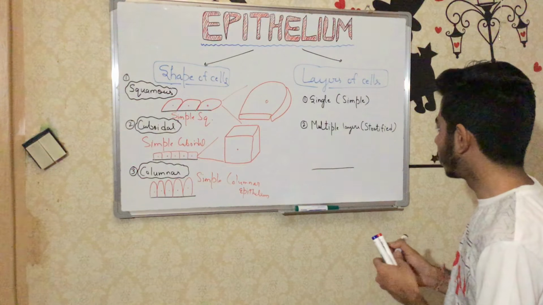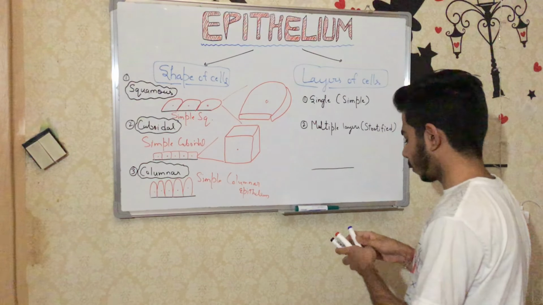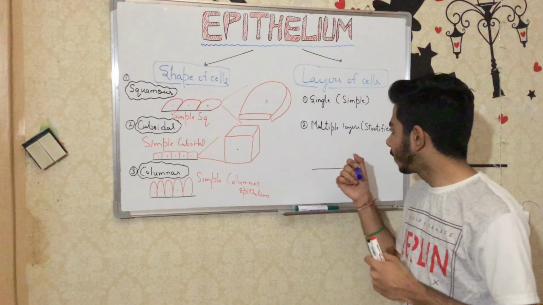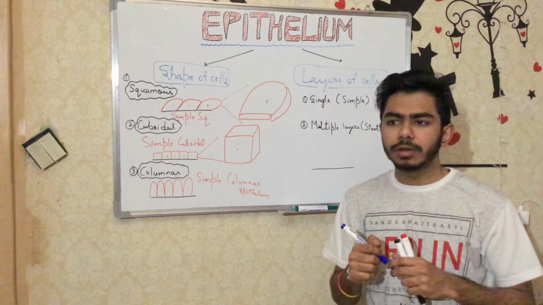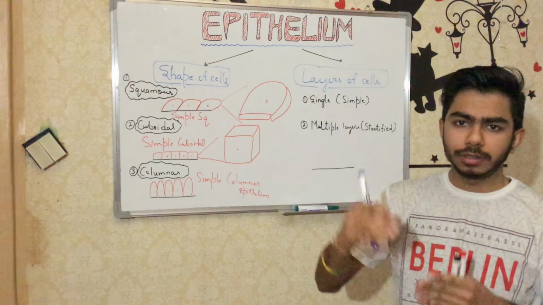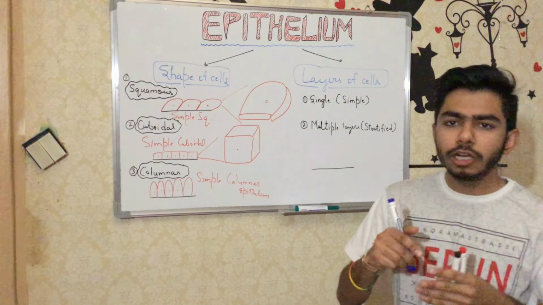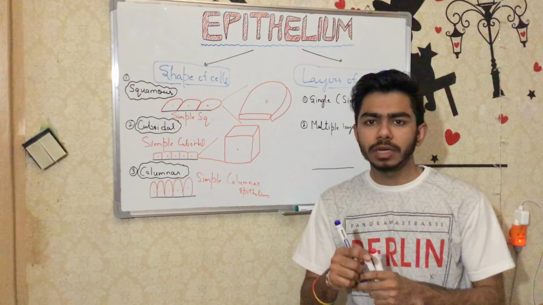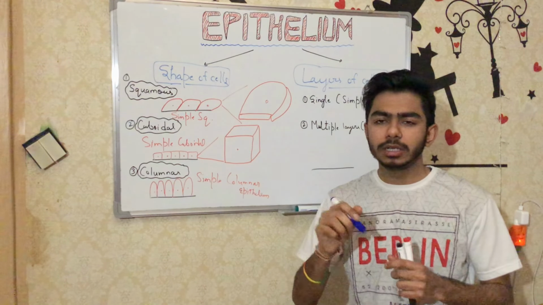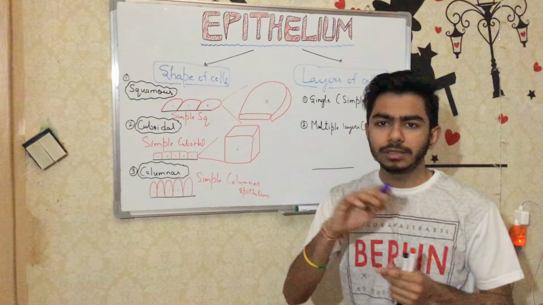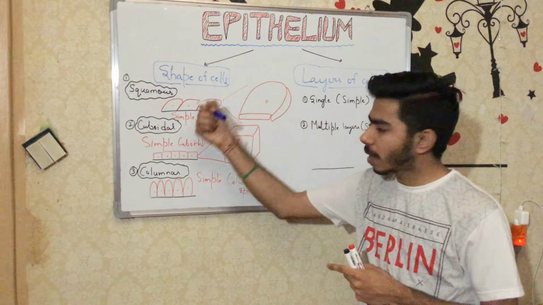As far as stratified epithelia are concerned, they are going to be represented with multiple layers. And which kind of epithelium is it? They will be recognized by the top layer. For example, if the top layer is represented with flatter cells, it would be stratified squamous epithelium.